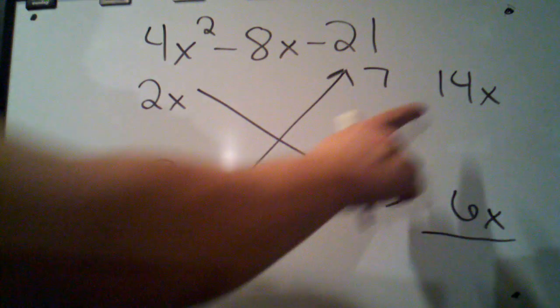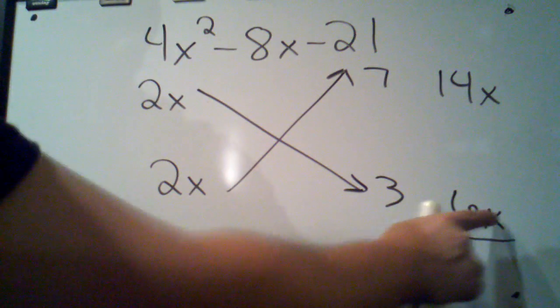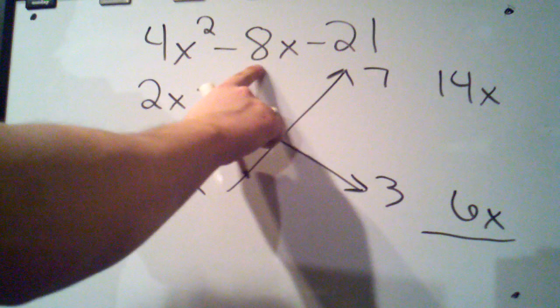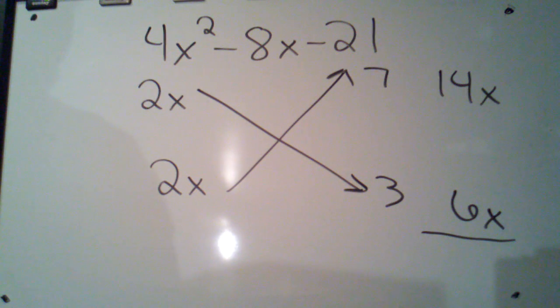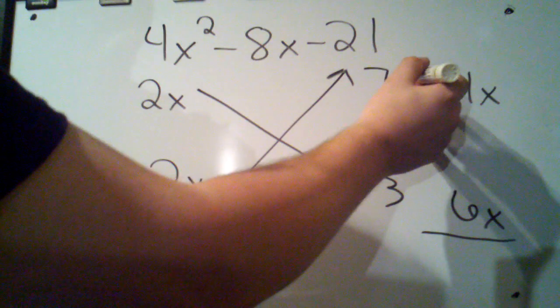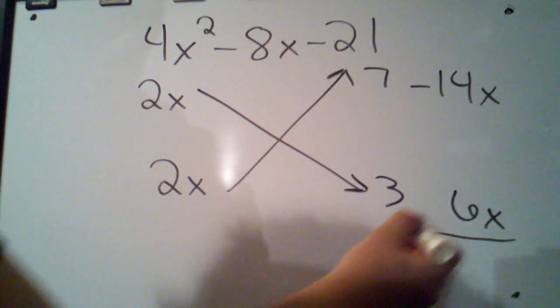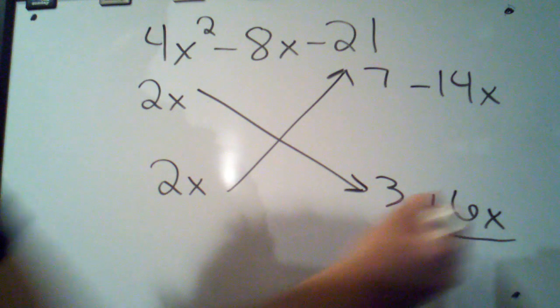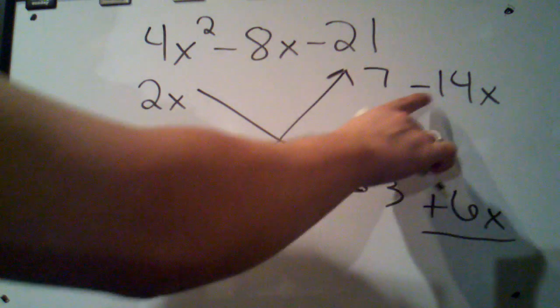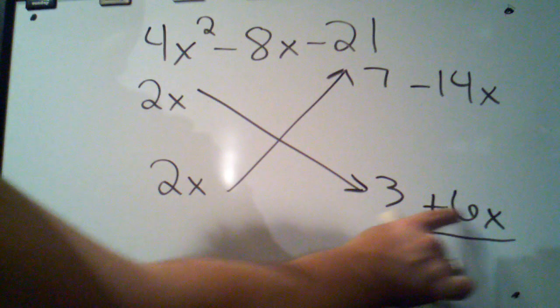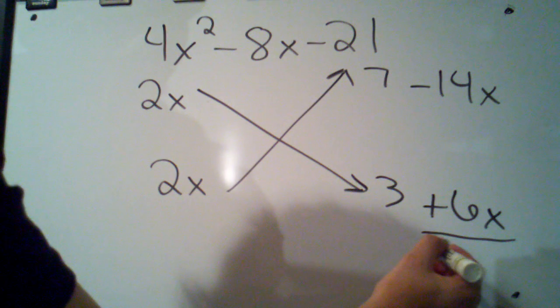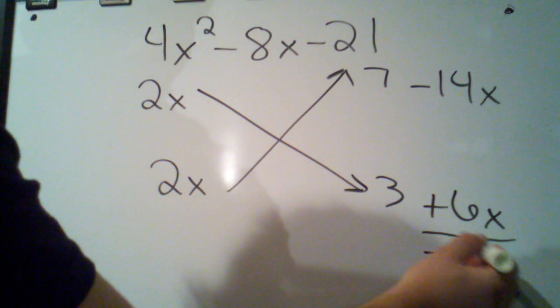I need to know how to make a 14x and a 6x now equal a minus 8x. If I make my 14 negative and I make my 6 positive, minus 14x plus 6x is a minus 8x.